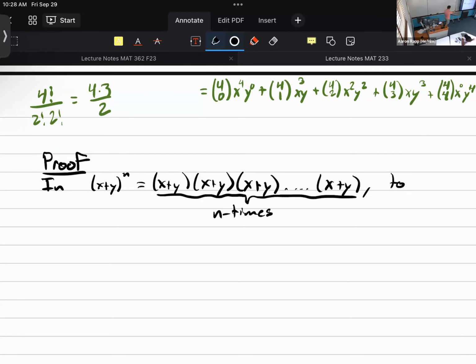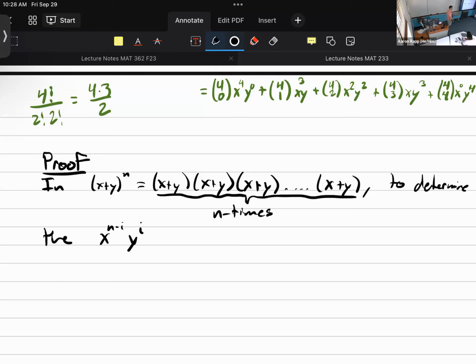So when I go through this expansion and I'm trying to figure out how many terms I have, of x to the n minus i times y to the i.